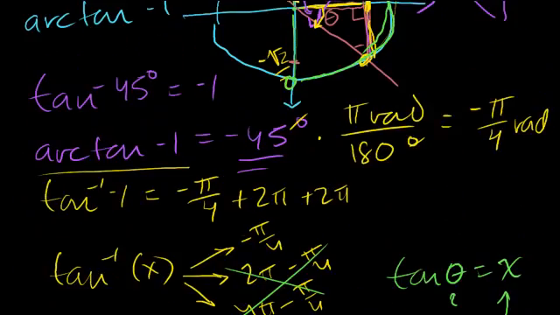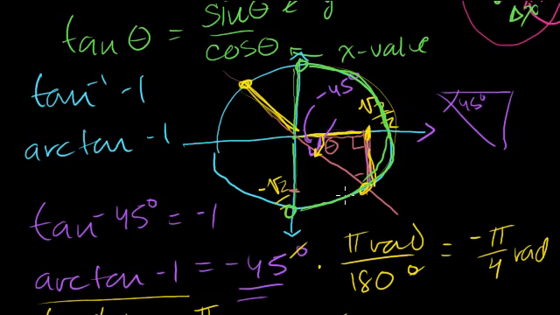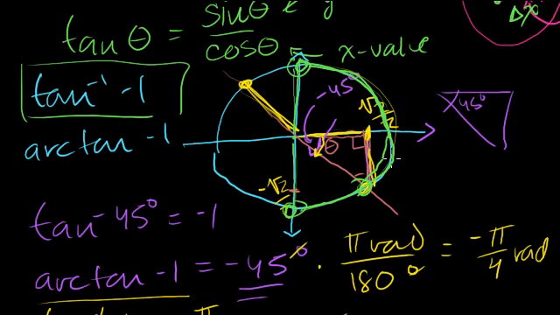If I restrict my range to this right here, and I exclude that point and that point, then I can only get one answer. When I say what tangent of what gives me a slope of minus 1, there's only one answer, because as I go around and around, those fall out of that valid range for theta.